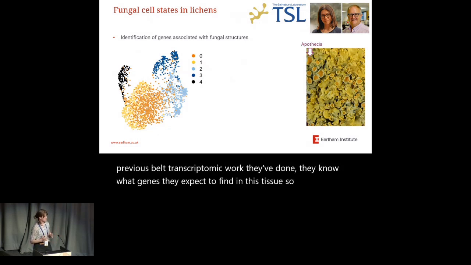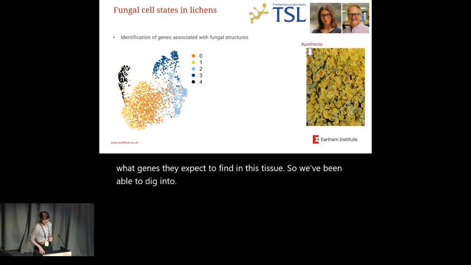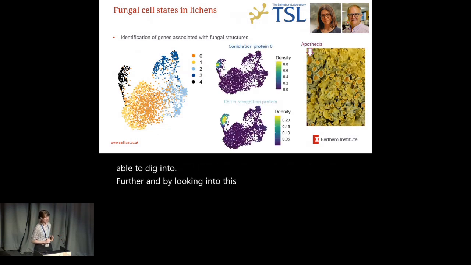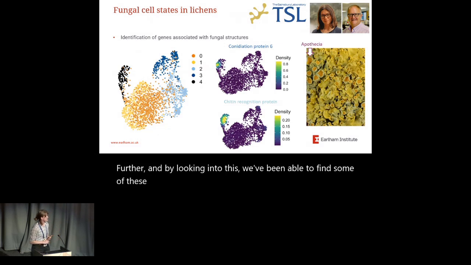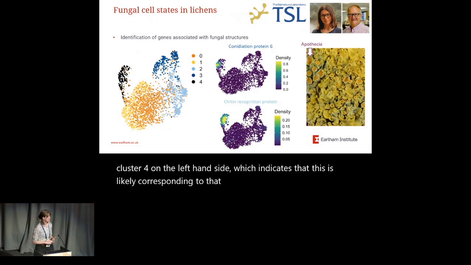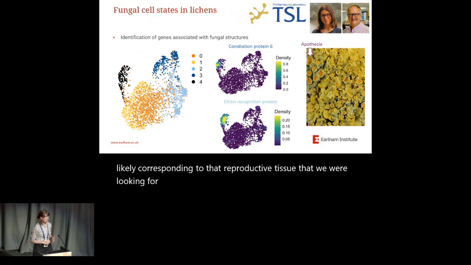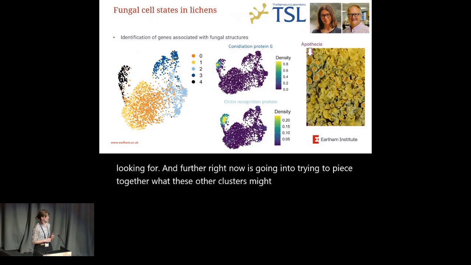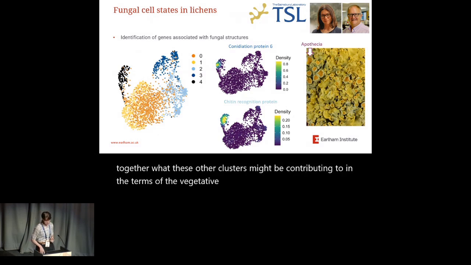So we've been able to dig into this further, and we found some of these proteins and genes highly expressed in one cluster, cluster 4, on the left-hand side, which indicates that this likely corresponds to that reproductive tissue. Further work is now going into piecing together what these other clusters might be contributing to in terms of the vegetative structures.